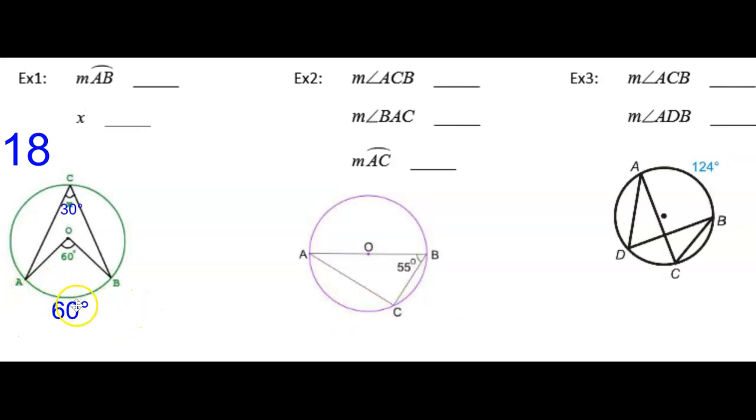All right, and then since the arc is 60, the inscribed angle going all the way across, so to figure out what X is, should be 30 degrees.